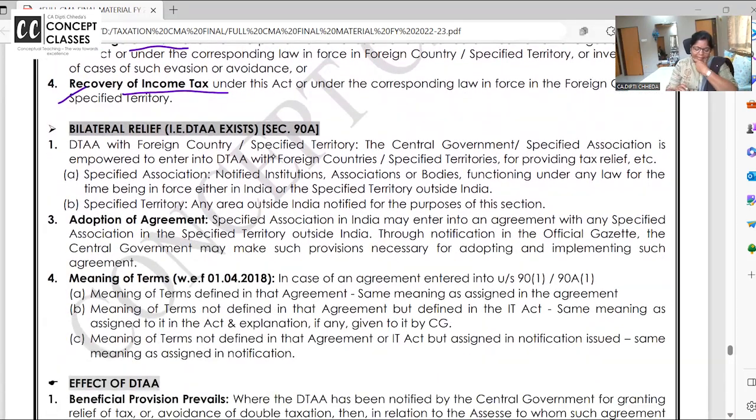If there is a bilateral agreement with the government, the central government or the specified association is empowered to enter into a DTA for providing relief. Specified associations or bodies, like SEBI and all these associations, or specified territory anywhere.